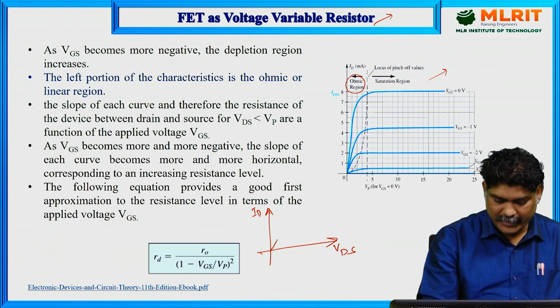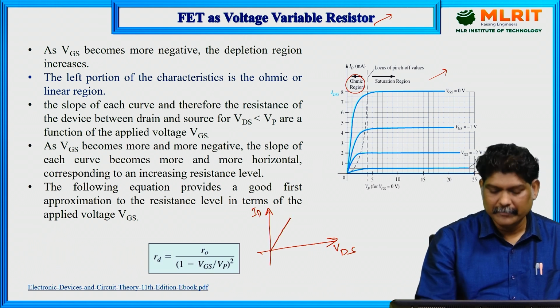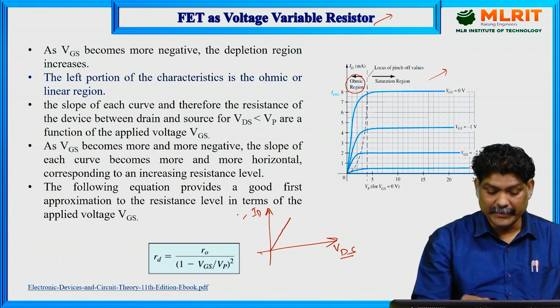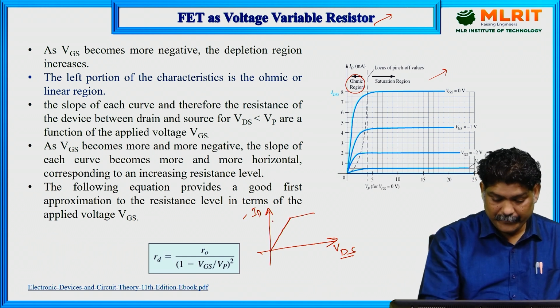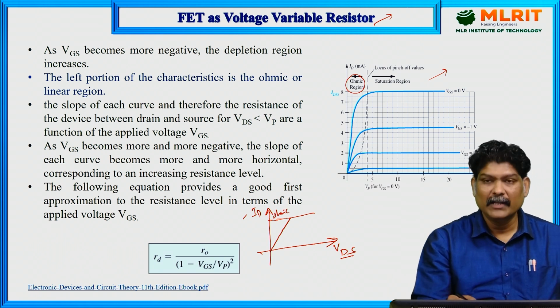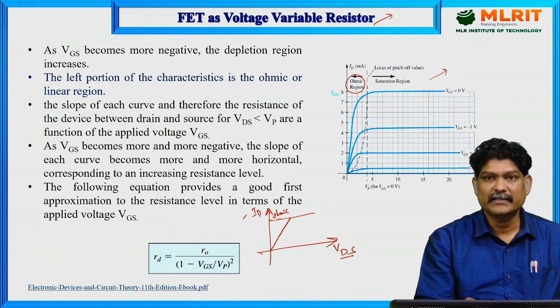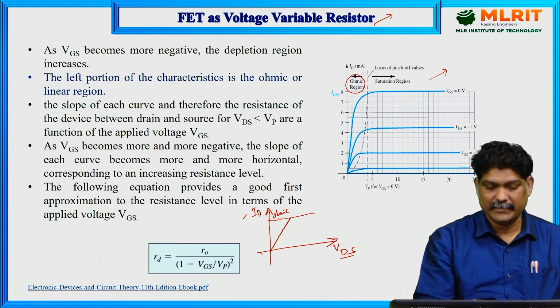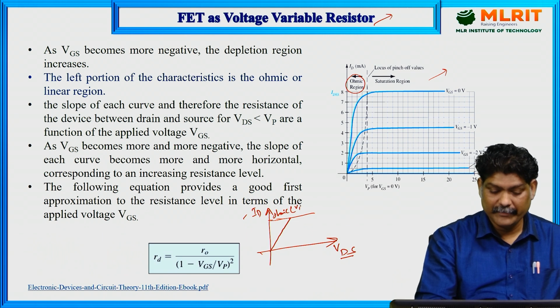There is a linear relation between output voltage VDS and output current ID. This region is the ohmic region or linear region, because here ID is directly proportional to VDS. Hence, we can say VDS is proportional to ID.